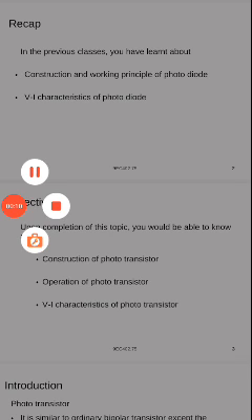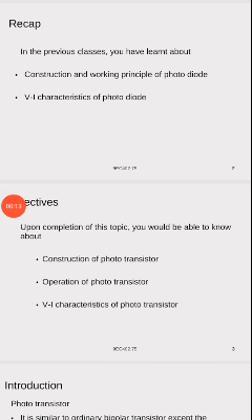In the last class, we discussed the photodiode.